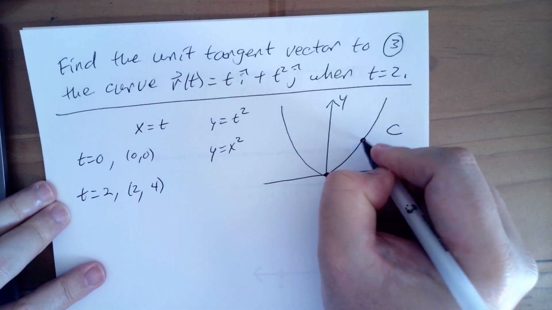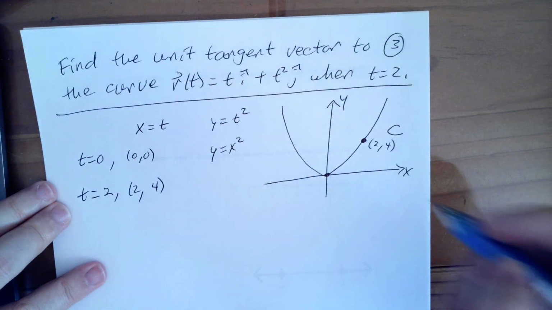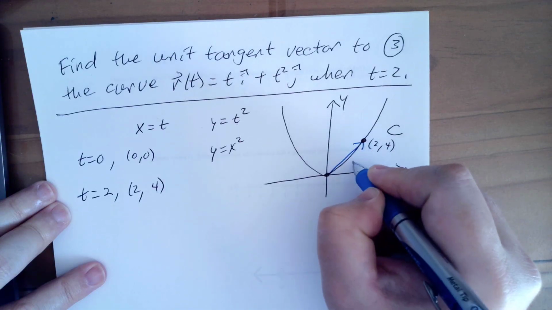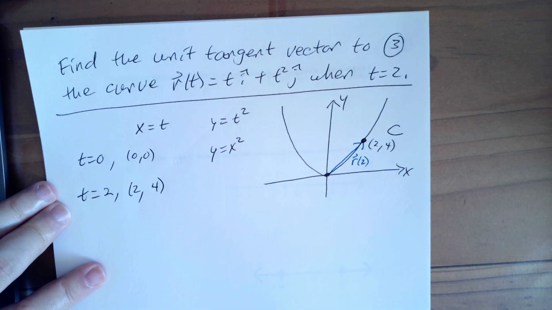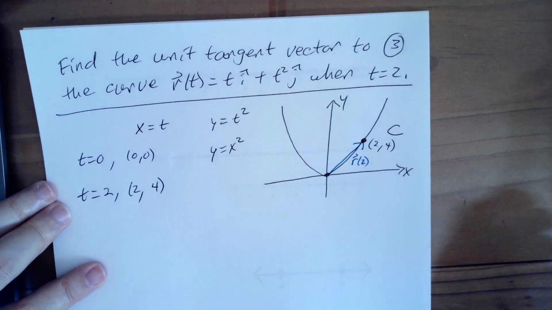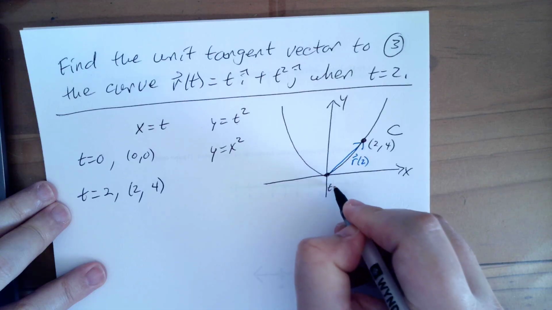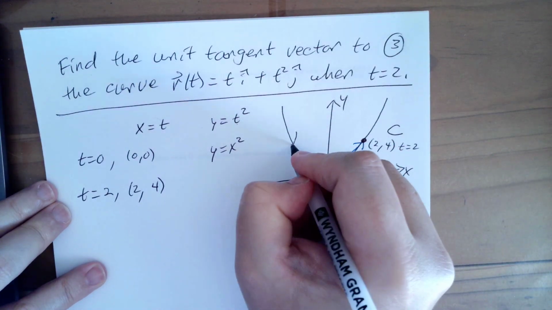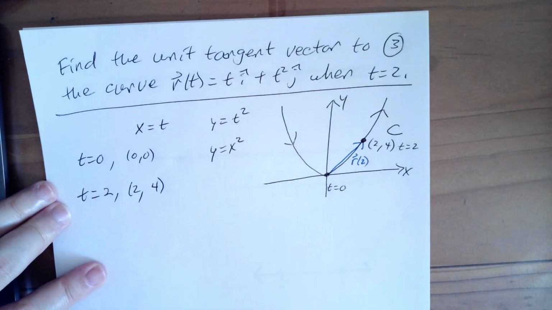So this will be here, 2, 4. I can even draw in a representative r of 2 for this if you guys want, but there it is. I hope it's pretty obvious which way this is going. In increasing values of t, this is when t equals 0, and this is when t equals 2. If you had a particle on this thing, it would be going in this direction.